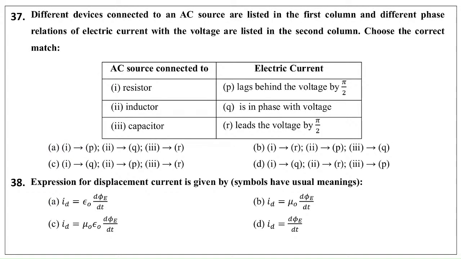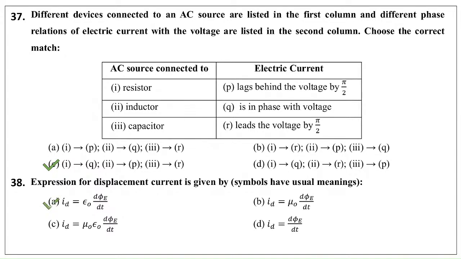Next. 37. Different devices connected to an AC source are listed in the first column and different phase relations of electric current with the voltage are listed in the second column. Choose the correct match. Answer is C. Next. 38. Expression for displacement current is given by.